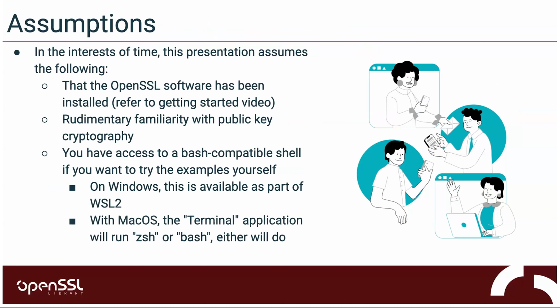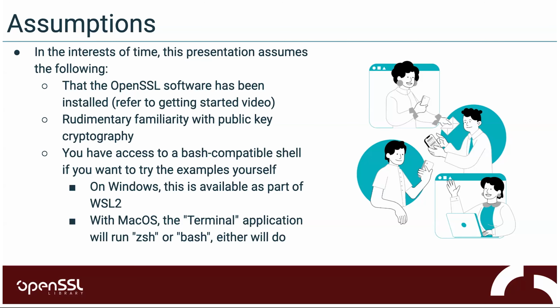I do assume that you will have access to a bash-compatible shell if you want to try the examples yourself, and I strongly encourage you to try them, because I'll be racing through this to show you as much of the tooling as I can, but you'll really get maximal value from this presentation if you try many of the examples yourself, look at the documentation, and try variants on the commands that I've shown in the slides. You'll have the slide deck available to you sometime early next week, so please try the exercises as well.